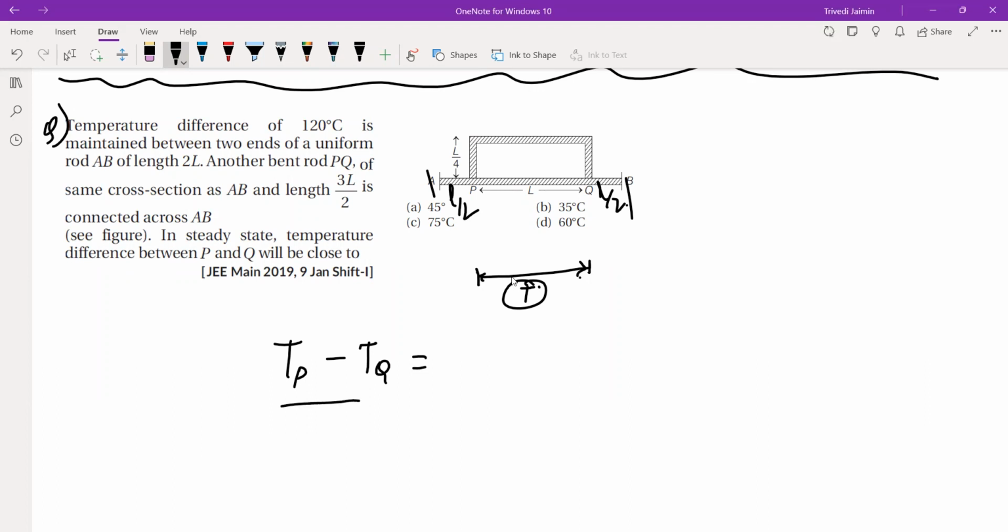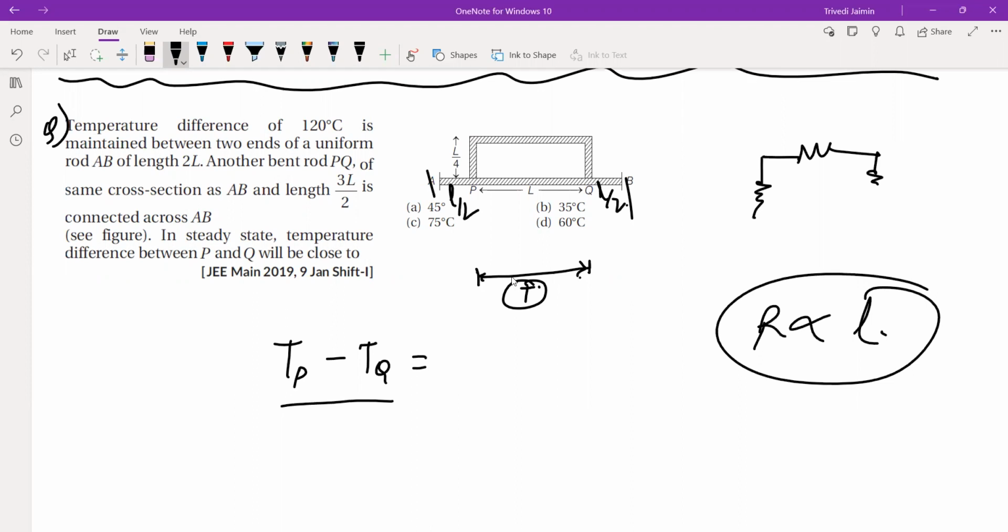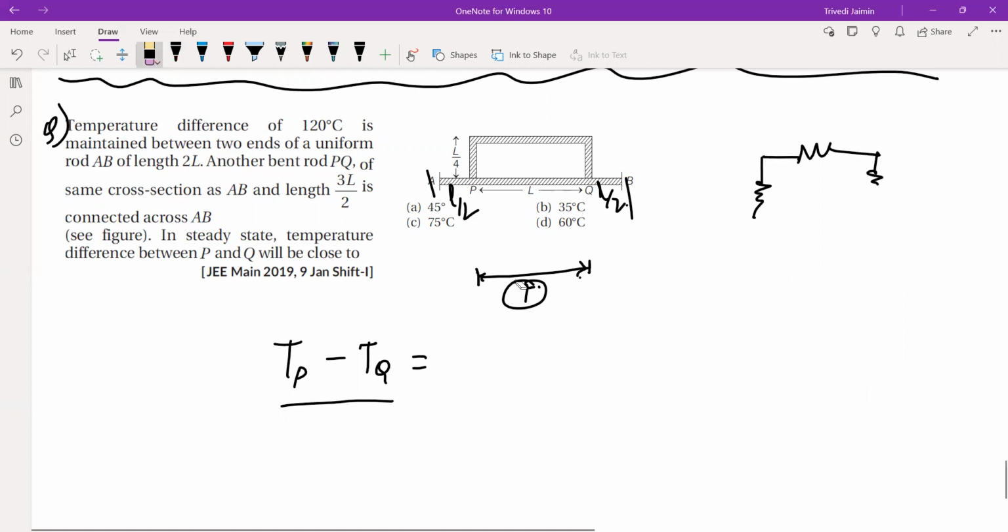So this temperature difference, let's assume this one as some resistance. Let's assume this way with a length, because R is directly proportional to length, right? So whatever value of length we have, we can assume that as R, then we might be able to solve. Let's see that. This length is how much?